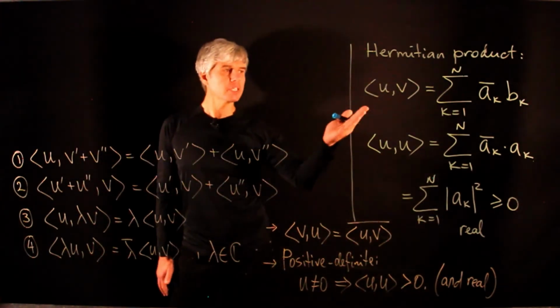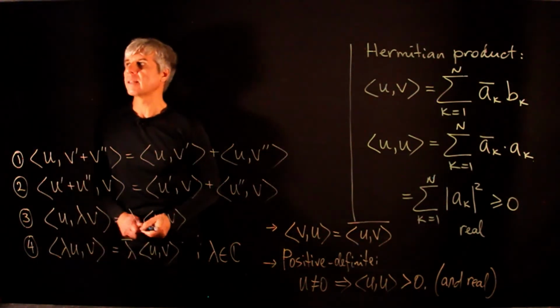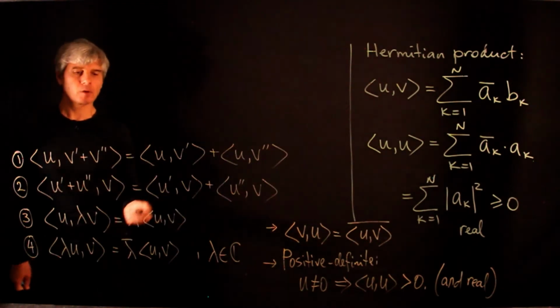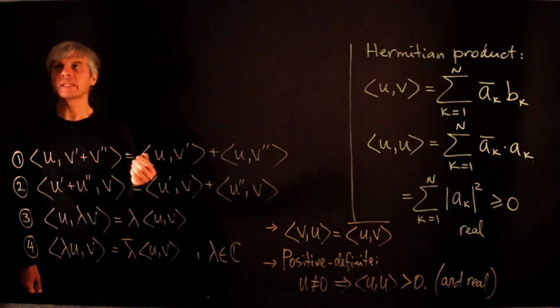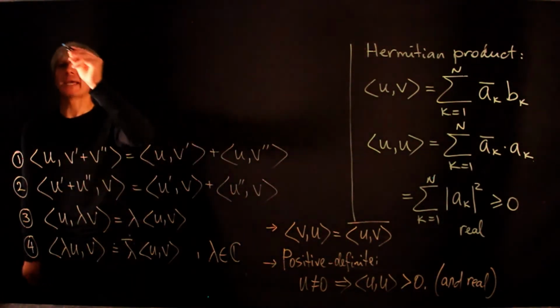Now, here we have an example of a Hermitian scalar product on a finite dimensional vector space. Let's give an example of a Hermitian scalar product on an infinite dimensional vector space, which is also relevant to quantum mechanics.